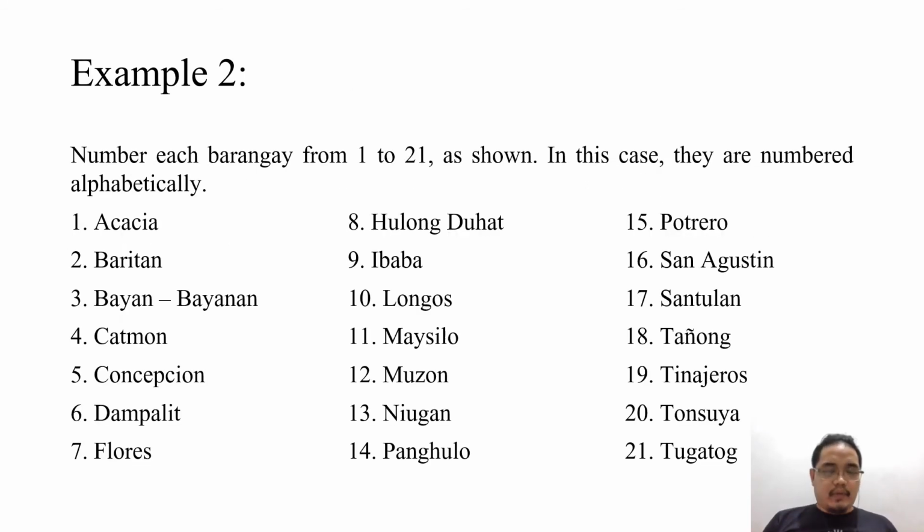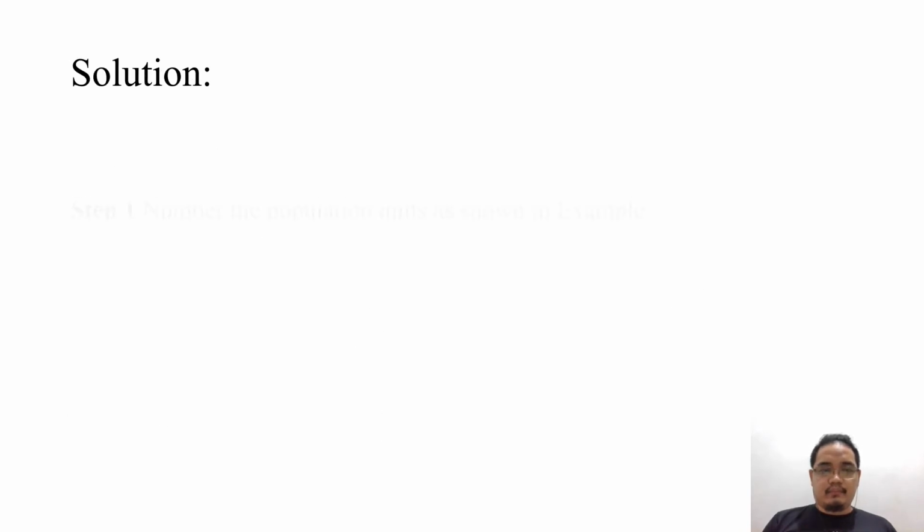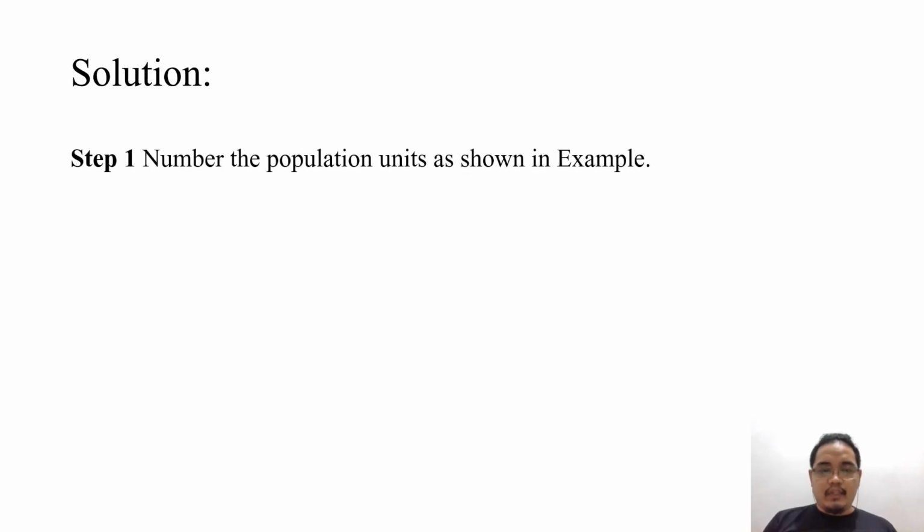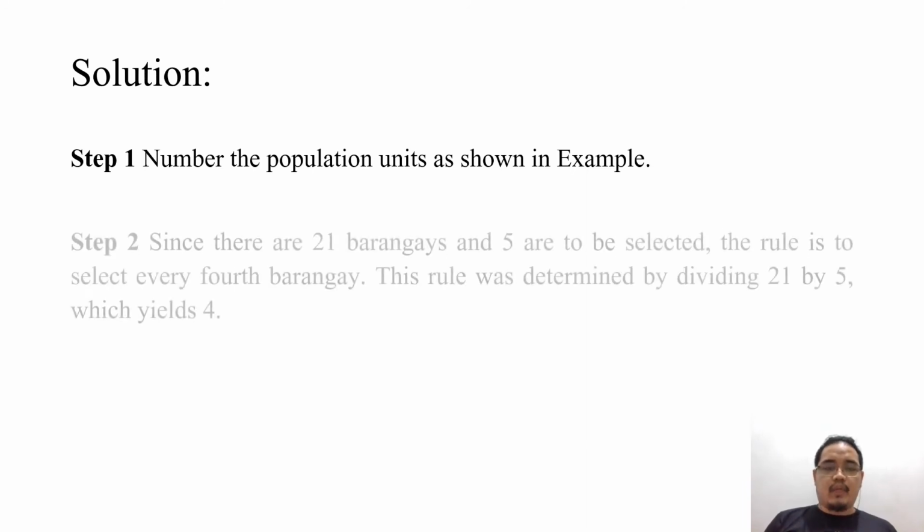Okay? So, for example ulit, yan yung 21 barangays. So, paano naman natin gagawin dyan yung systematic random sampling? Okay? So, hindi na siya simple, systematic na. Okay? So, paano natin ginagawa yon? So, you number the population units, katulad ng ginawa natin, alphabetical, may numbers 1 to 21.